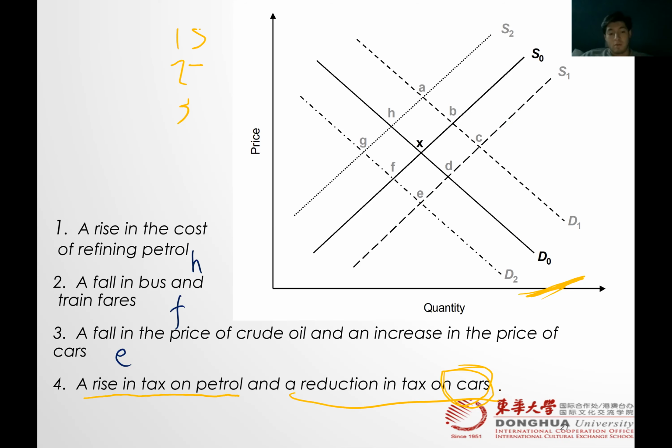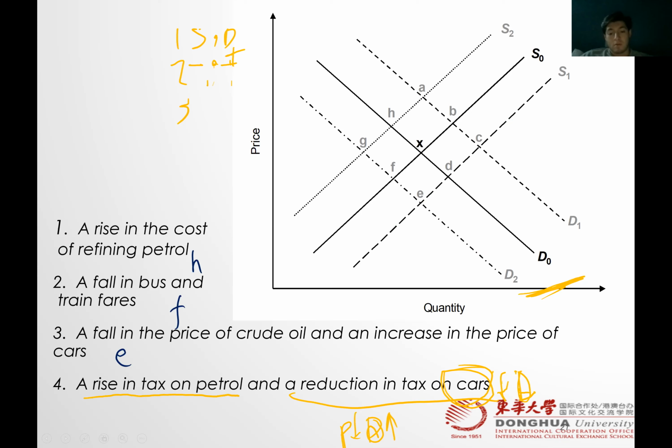If the price of cars is reduced, demand increases. When people buy more cars, they will be buying more petrol or gasoline. In that case, demand increased, right?